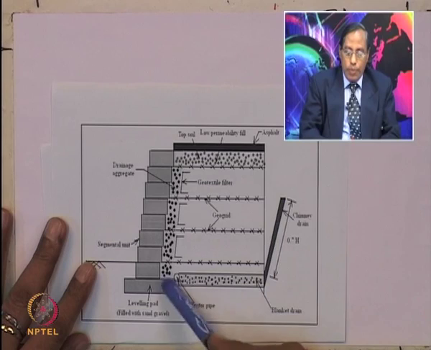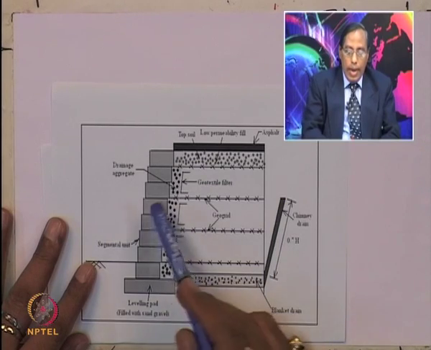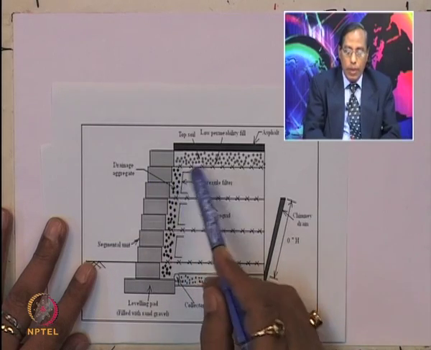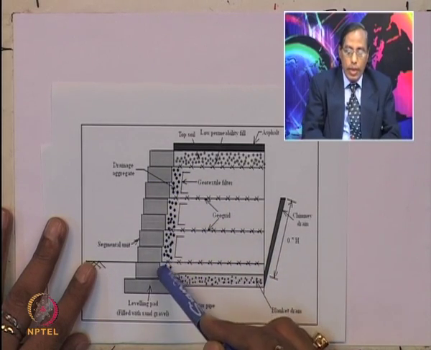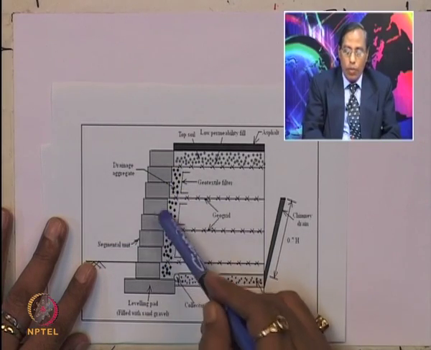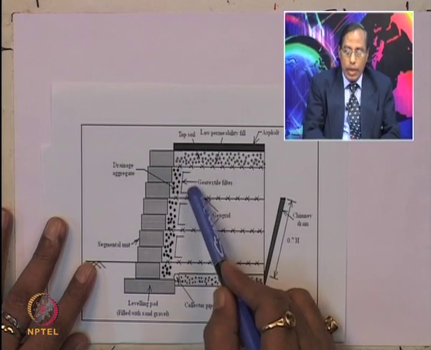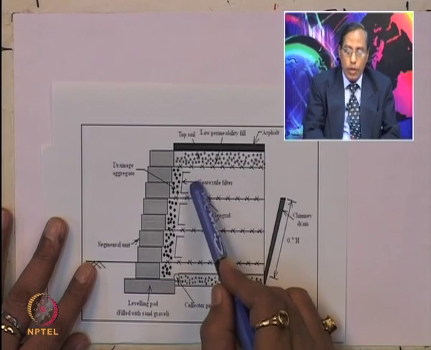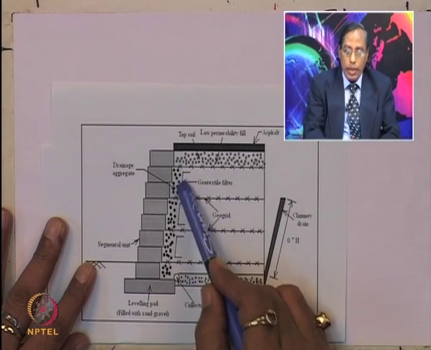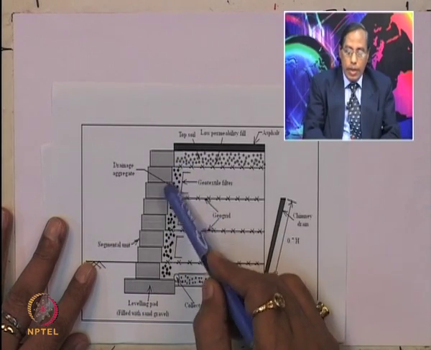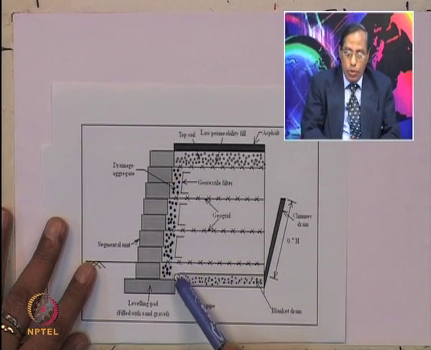So, all the water can pass through this collection pipe, and also you can see that at the back of the facing element you can provide drainage aggregate or geotextile material. This is the segmental retaining wall, and this is the geotextile material. It should not be mixed with the backfill material in the reinforced soil zone. That is why it is provided as a filter, and with this drainage aggregate, water can pass through this collection pipe.